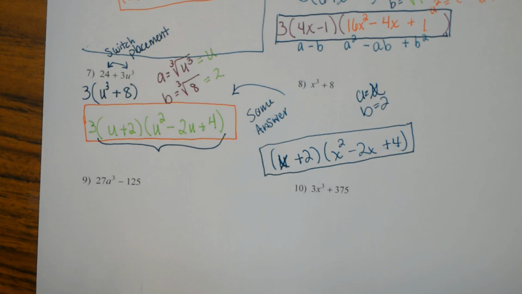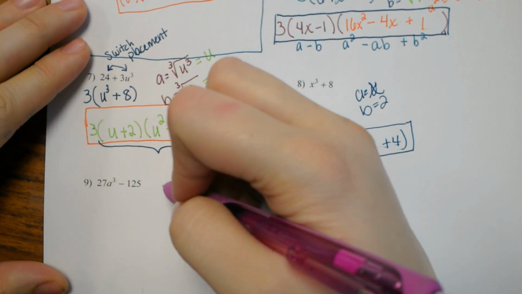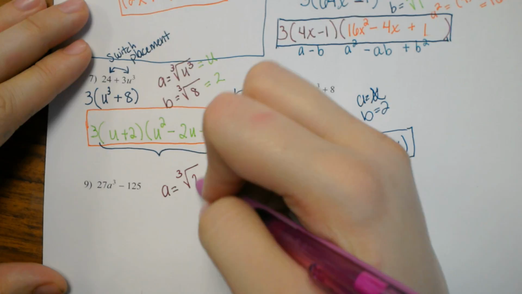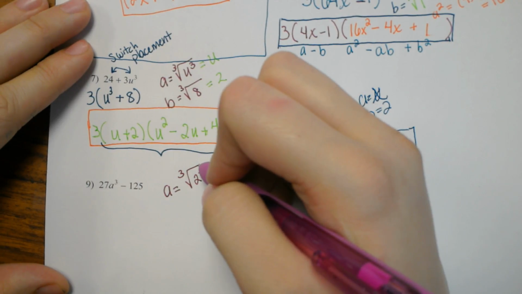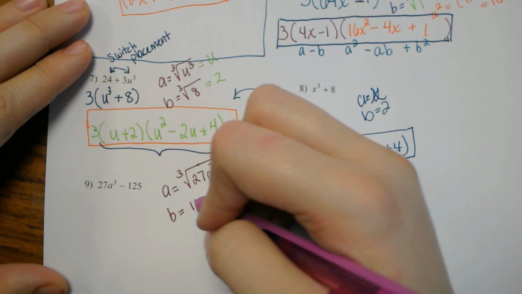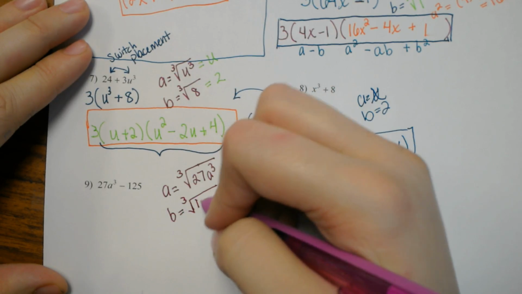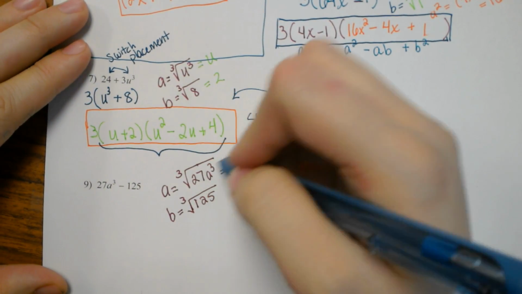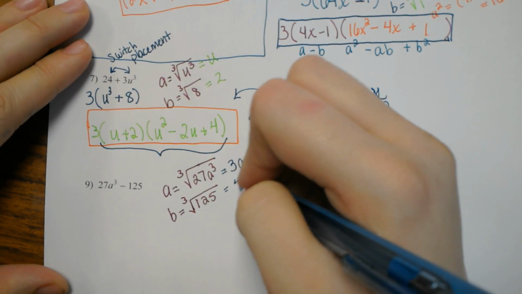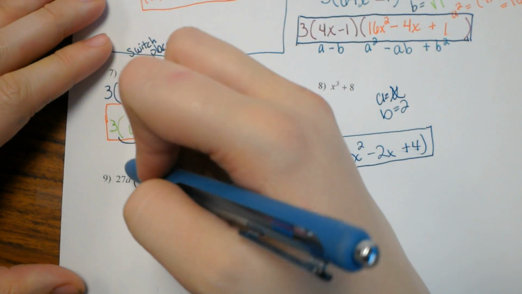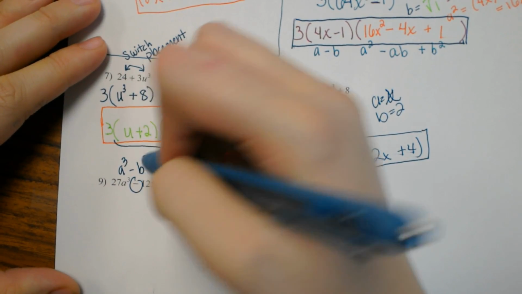And then the last two. 27 and 125 are both cubes. So I say a is the cube root of 27a cubed. I should have used a different variable. B is the cube root of 125. Should use a different letter. That's going to be 3a, and that's 5. So it's minus, so I use the minus equation, the difference.